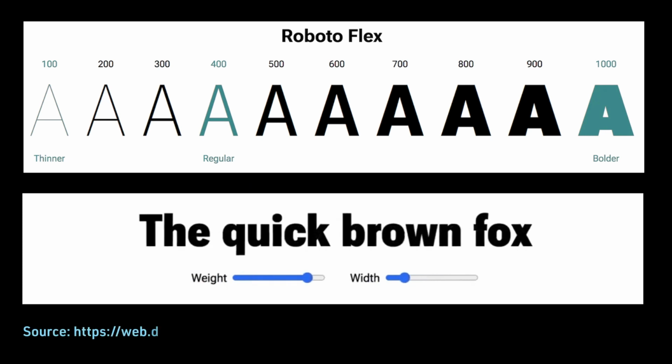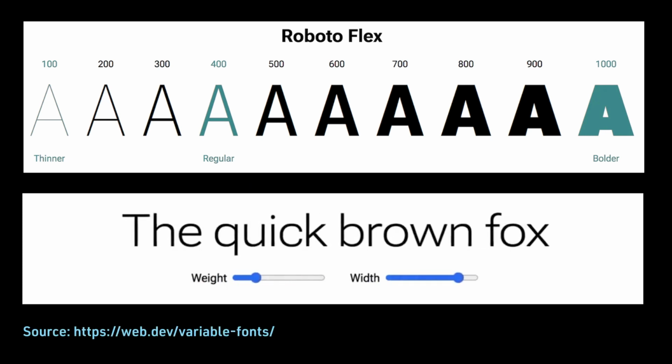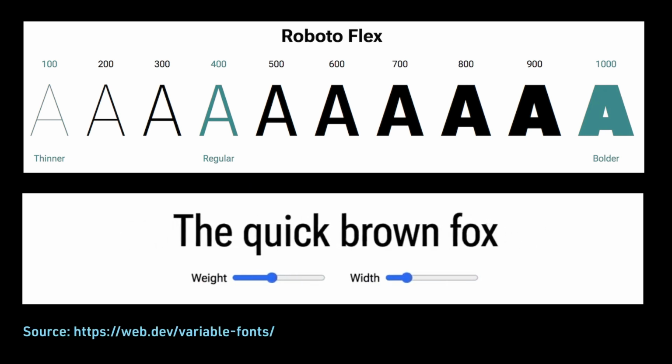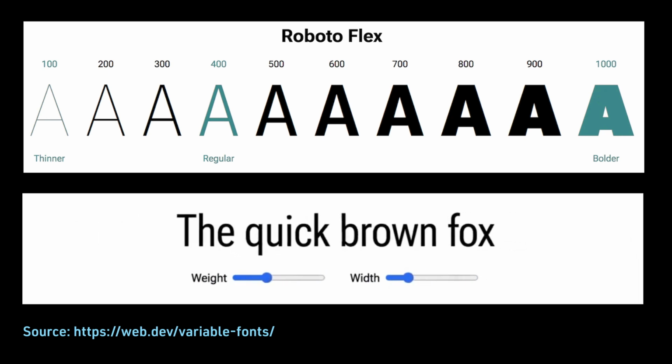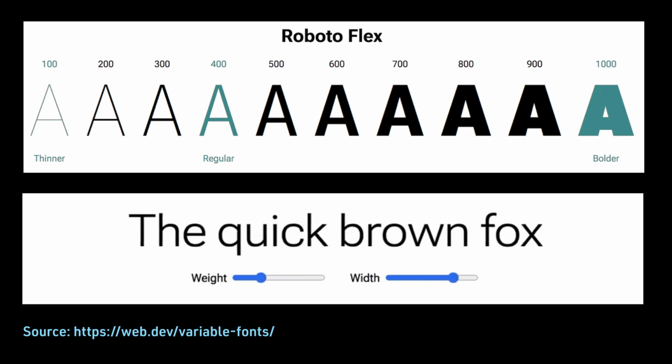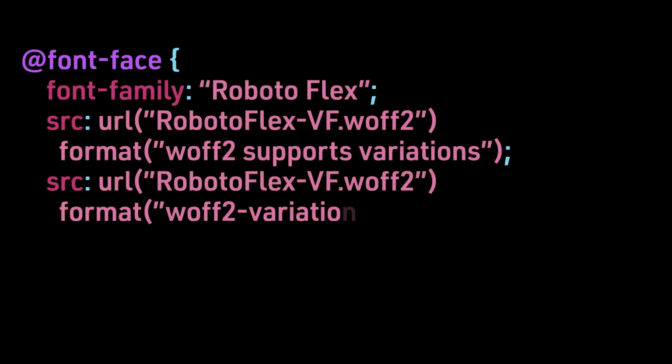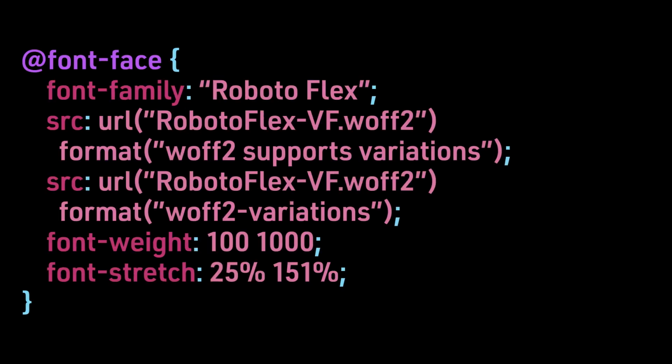Here is a demo of a variable version of the Google font Roboto called Roboto Flex. If we were to use Roboto Flex, we might write out a statement like this. @FontFace, font family, Roboto Flex.